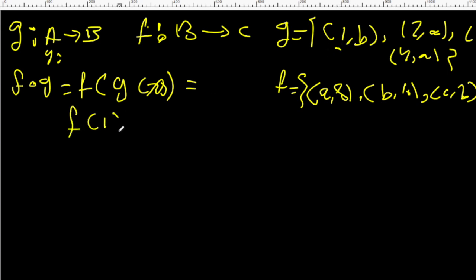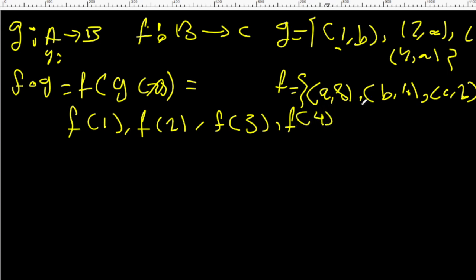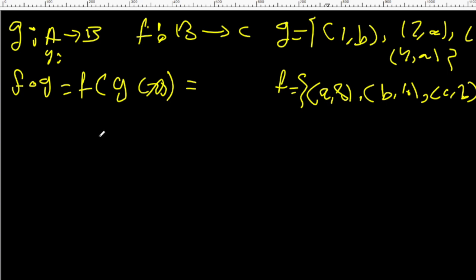So I will take now f of 1, then f of 2, then f of 3, and then f of 4, right? So this is the G. Now f of 1 under the function G. Oh my God, it's not my day. Start again.